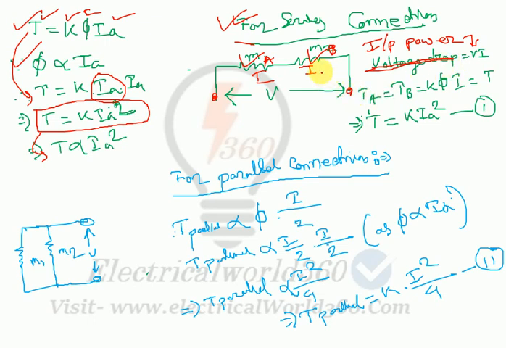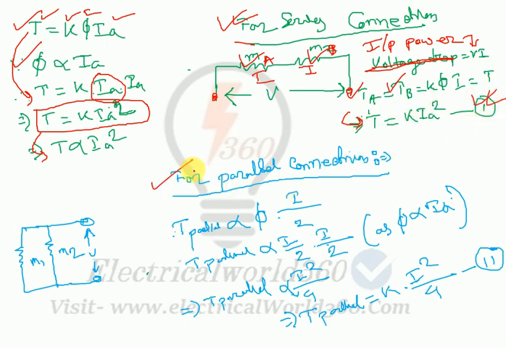The torque of motor A plus the torque of motor B equals the total torque, K theta I. So we can write T equals K I square. We take this as equation number 1.